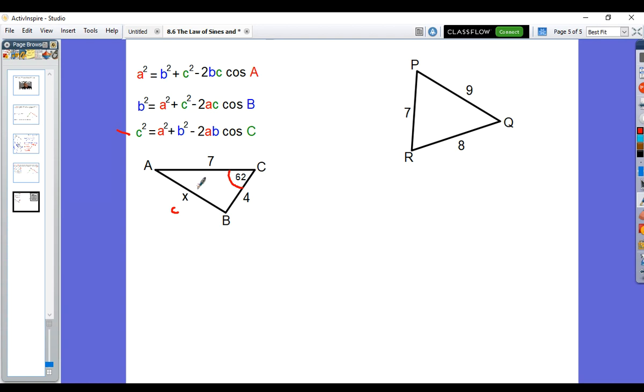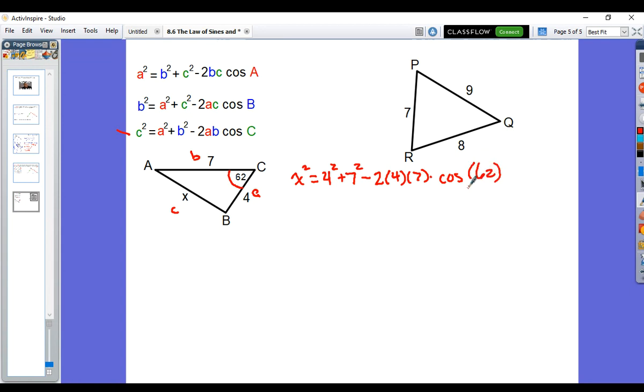If we're going to use this proportion, this is side B, side C, this is little b, and this is little a. So we'll set up C squared: x squared equals a squared, which we're saying is 4 squared, plus b squared, which is 7 squared, minus, and that's how the formula goes, 2 times a times b times cosine of the angle 62.